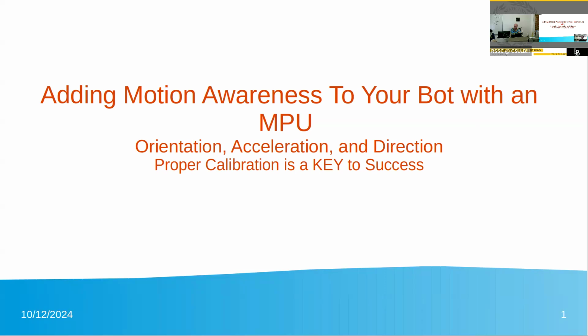So I'm going to talk about my experiences with the famous, though now sort of out of production, MPU 9250, a 9 axis unit with orientation, acceleration, and the compass. One of the key takeaways is going to be that calibration is key to success.